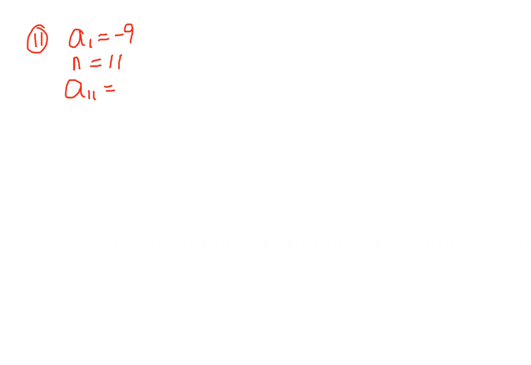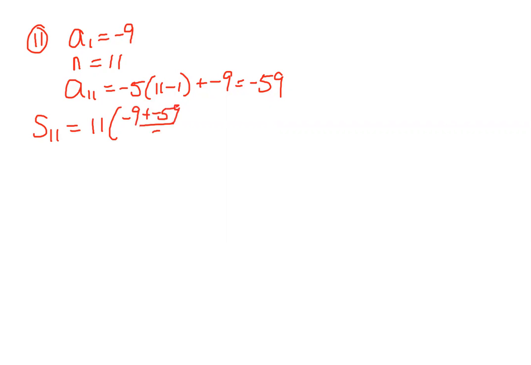So D is -5, right? Yep. So we're going to say -5 times 11 minus 1, plus -9, and you're going to have -59. So then we can find S11 as this, and you should get -374.